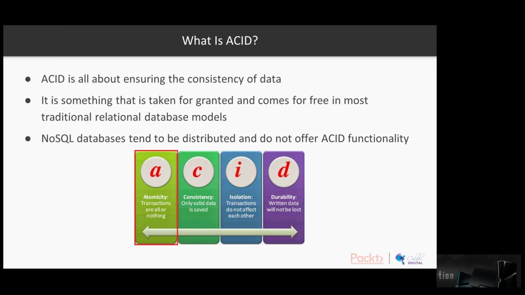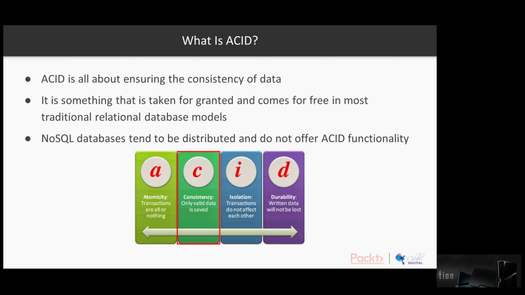Or if you're booking tickets for a concert, they might end up overselling their tickets because the part of the system that deducts tickets from the ticket availability table failed. Another part of the transaction succeeded and it told you that the booking had gone through, but actually it hadn't. So, that's what atomicity means.